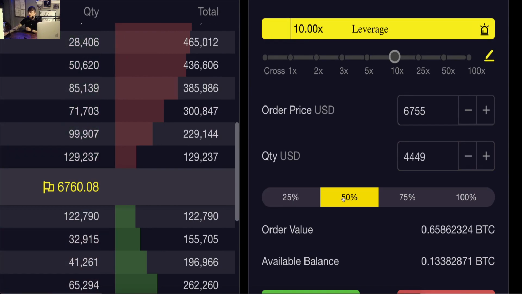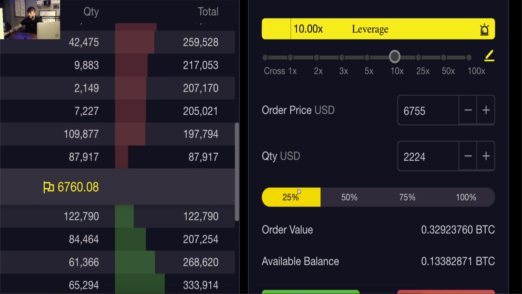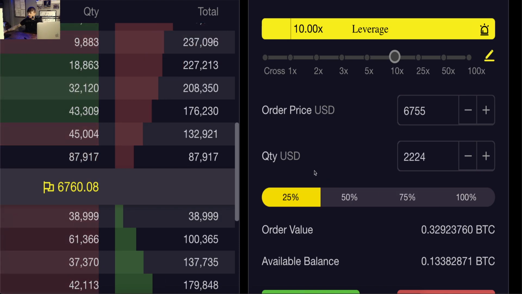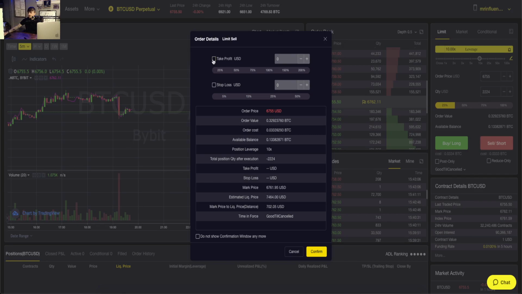Over here, you have the ability to choose how much of your balance you want to use. So we're just going to use 25% of our balance at 10x leverage, and we're gonna sell short. Boom.